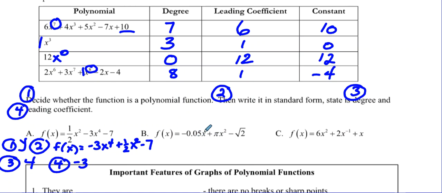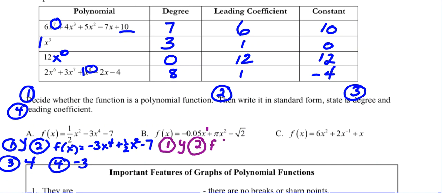Okay, so next one, the exponents are 1 and 2, and then there's nothing here. So those are positive integers, so this is also a yes. In standard form, I need to rearrange my polynomials so the term with the largest exponent comes first, and they go in order.